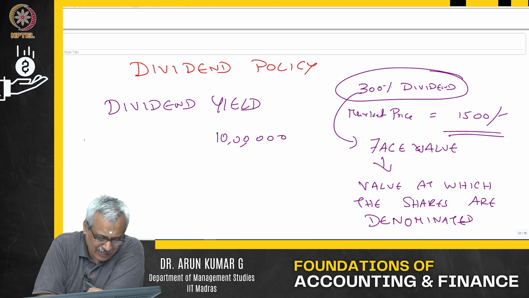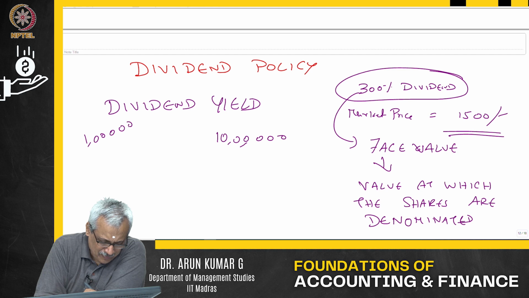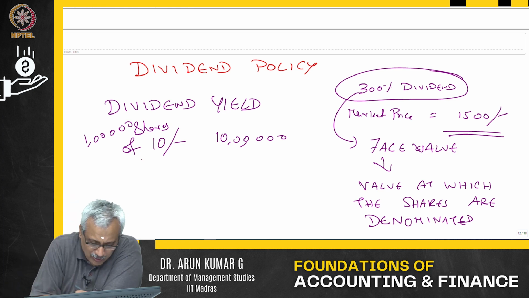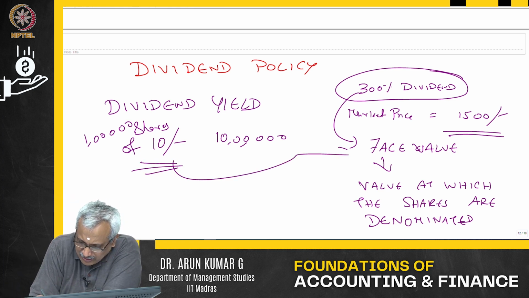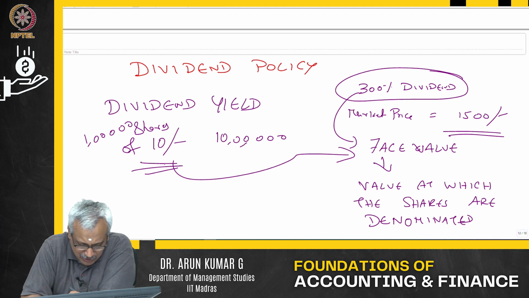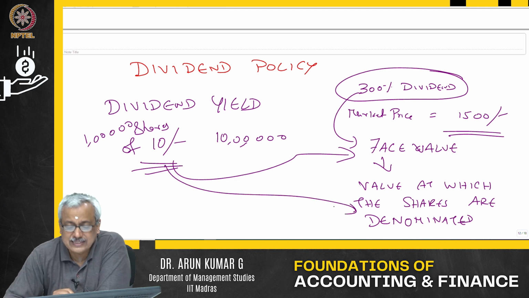This 10 lakhs is divided into 1 lakh shares of 10 rupees each. So, that makes it 10 lakhs. Now, this 10 rupees is what we call the face value.